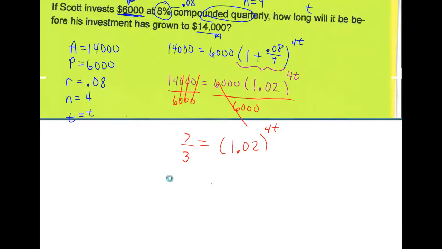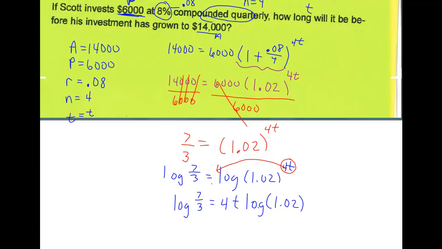Let's take the log of both sides, pull 4t to the front, and since we're solving for t, we need to get rid of the 4 and the log of 1.02. So 4 times log of 1.02. Let's divide both sides by that.